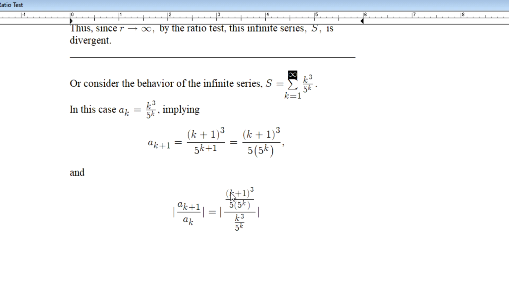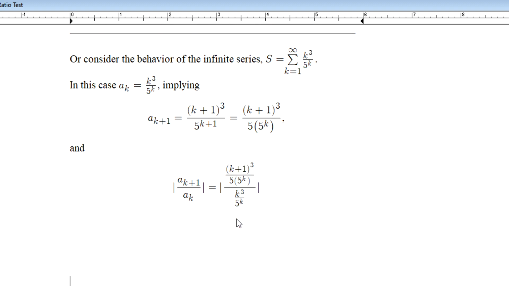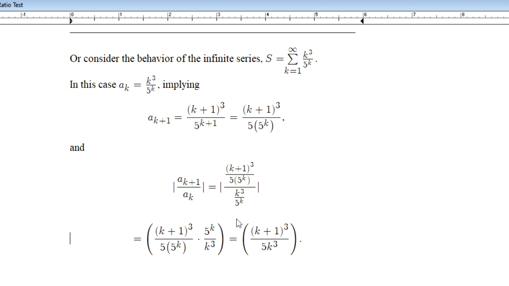So if we go through this real quick, we might just note k plus 1 cubed will always be positive because k plus 1 will always be positive since k is always positive. Since k is always positive, 5 to the kth power will always be positive times 5 will always be positive. And we see similar behavior down here in the denominator. We'll always have a positive divided by a positive, so this overall argument inside the absolute value will always be positive. So the absolute value symbols really just are not needed because the argument on the inside is always going to be a positive result. So we'll go ahead and drop them. That's our argument for being able to drop them there.